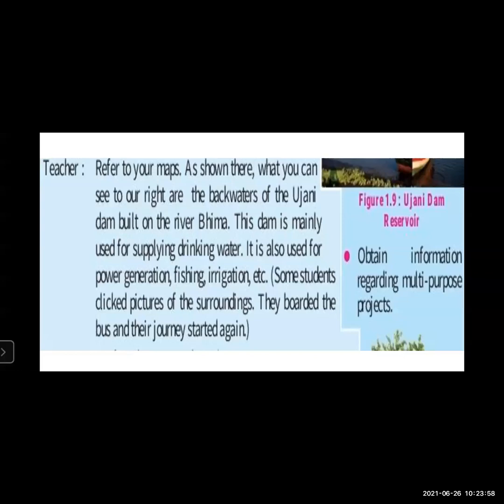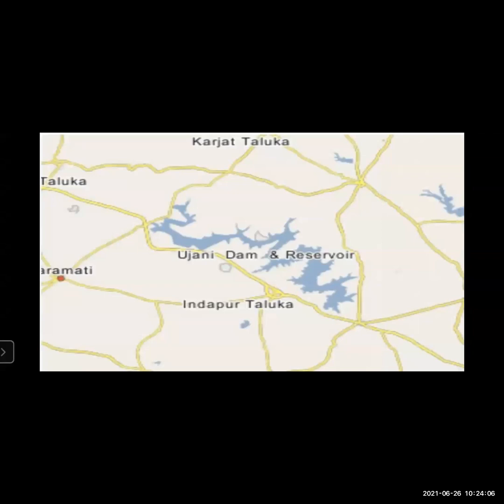What you can see to our right are the backwaters of the Ujjaini. See, they are moving in this map. Here they have taken the bus. They are moving this way. Okay. So this is the right side.